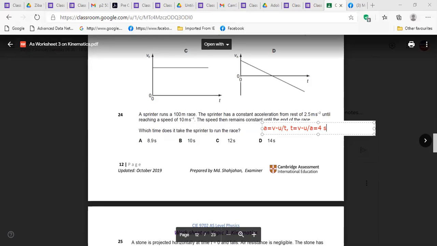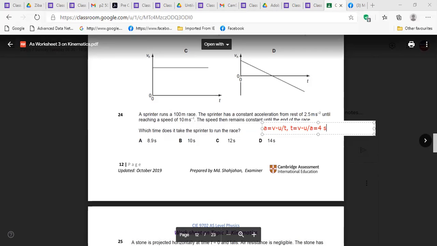So for 4 seconds it goes with acceleration, and the rest of the time it goes with constant speed, right? So what we have to do, we have to find how much distance it covered within these 4 seconds, isn't it? We did it before, right?